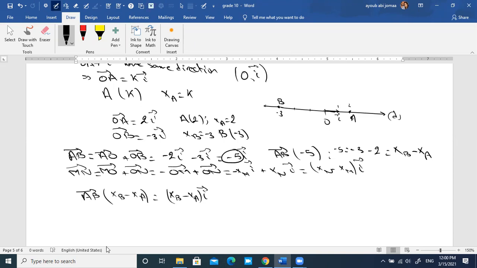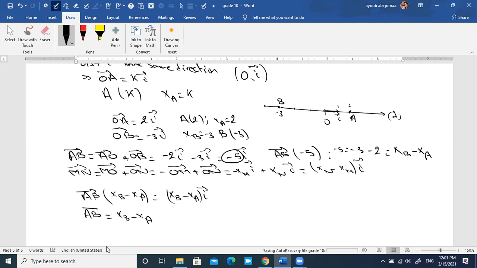So the components of vector AB, or the abscissa, are xb minus xa. And then we write AB equal to xb minus xa times this direction vector, which is I. The algebraic measure of AB is this value, xb minus xa. Algebraic measure means that it could be positive or negative.